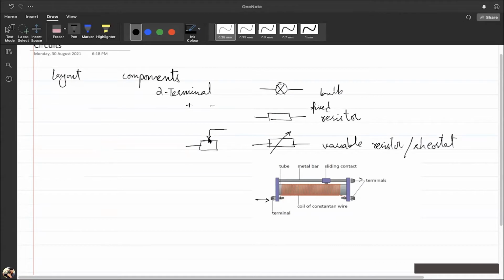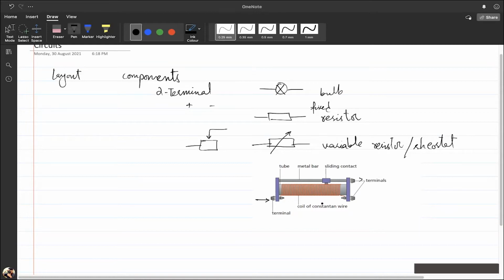And this is supposed to show a sliding contact, that wherever this arrow is, that is where the sliding contact is. This is most commonly used in our houses, for the buttons for fan speed adjustment, and for controlling the brightness of bulbs, like for chandeliers and so on. Those are basically your variable resistors. They allow a limited amount of current depending on how much resistance they have.